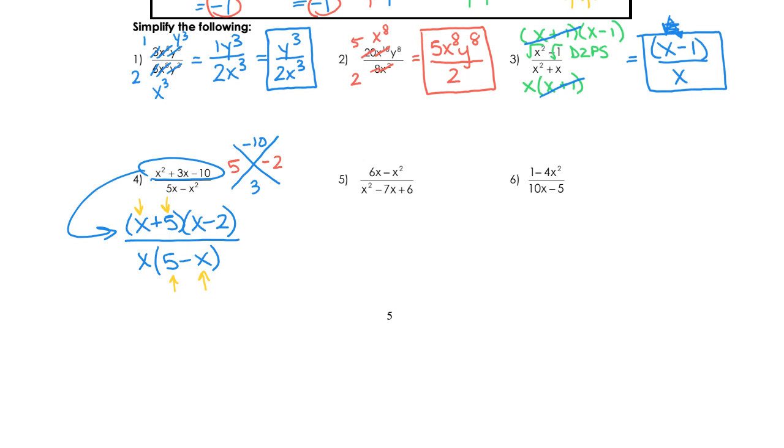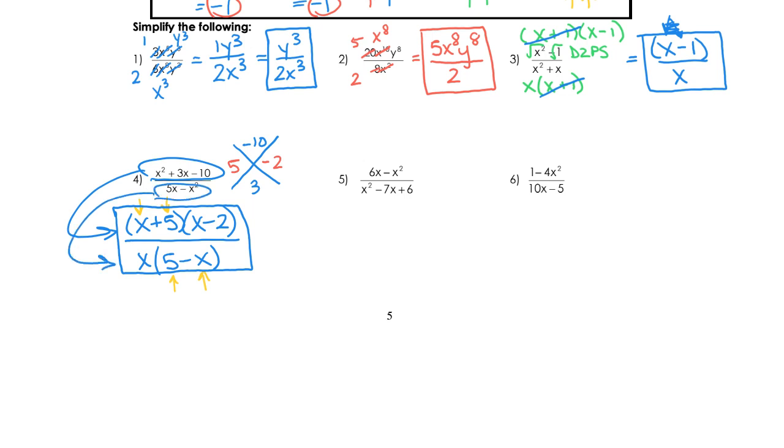Therefore, this is that last situation up there where nothing will reduce. And so even though we tried to factor it in order to reduce it, nothing will reduce. Most people will be tempted to cancel those x plus 5 and 5 minus x, but you can't. They don't reduce to 1 and they don't reduce to negative 1, and so you cannot cancel them.